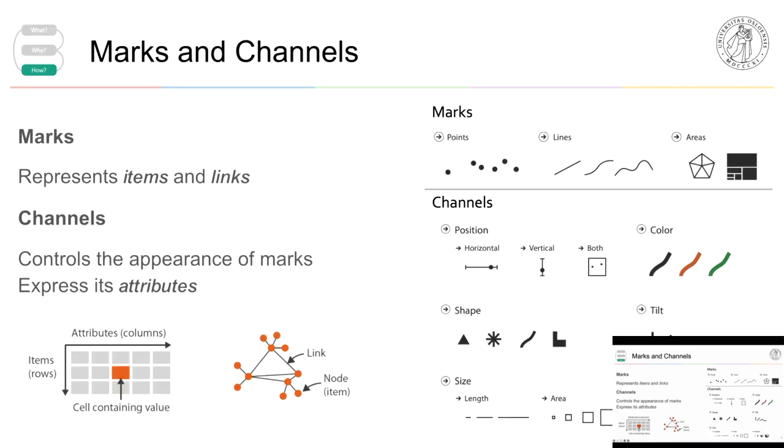And then you have the channels, which control the appearance of these marks. And the channels will express the attributes. So marks can be points or lines or areas. And then the channels can be how you color them, or which shape you use, or maybe the size of them, right?